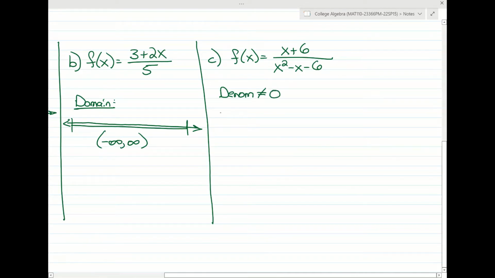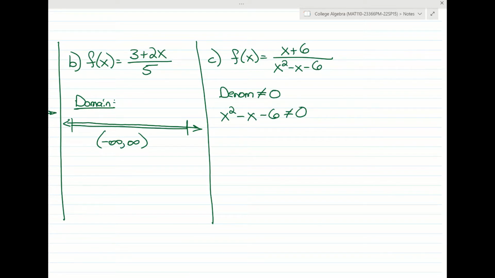So we have to try to figure out by factoring what are numbers that make x squared minus x minus 6 equal to 0, and then omit those from the domain. So you had a problem like this on your midterm. It wasn't in the form of a fraction, but we had to use the zero product property in order to solve it. So this requires that we remember how to factor.